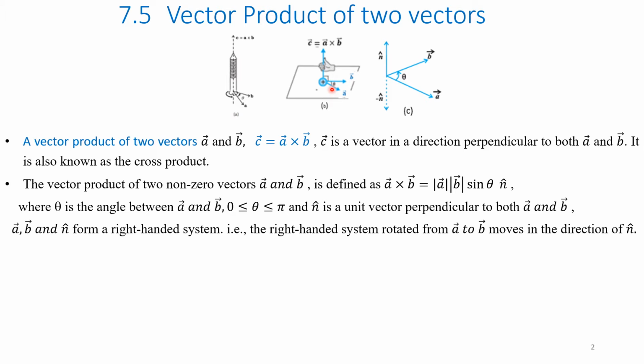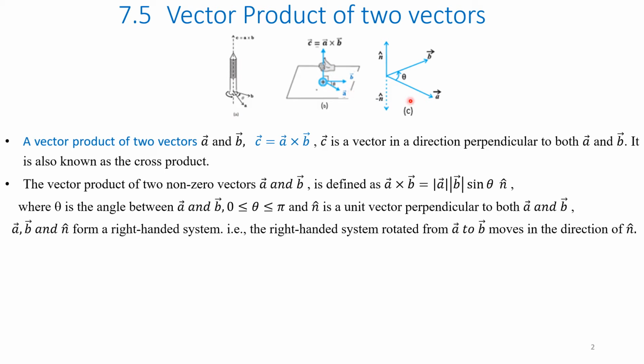If one curls up the fingers of the right hand around a line perpendicular to the plane of vectors A and B, and if the fingers are curled in the direction from A to B, then the stretched thumb represents the direction of C. The thumb is in the direction of C.